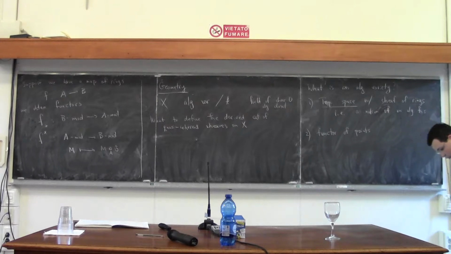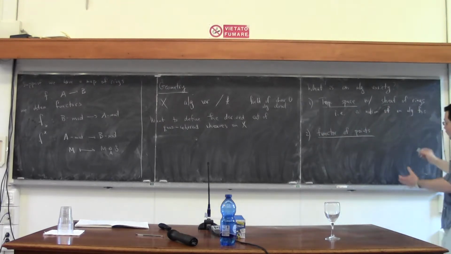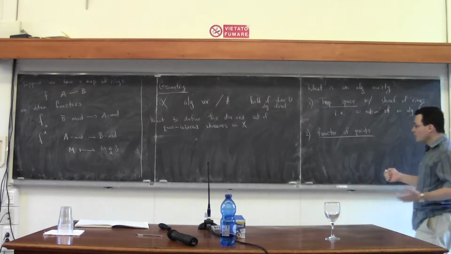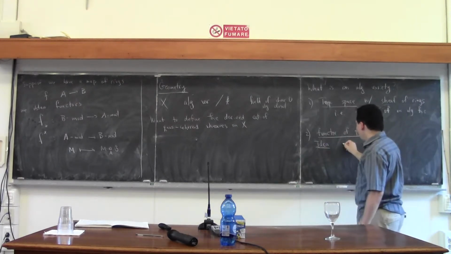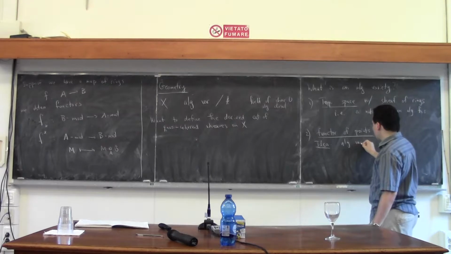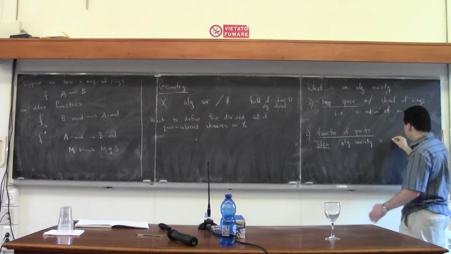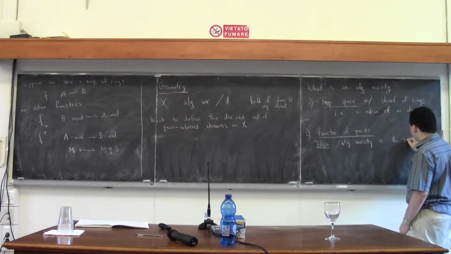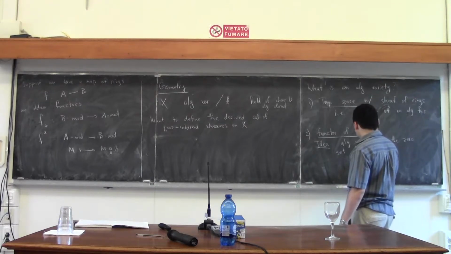For those of you who are used to the analytic way of thinking about things, this will probably be very foreign, but algebraically, in general, it's a very fruitful approach. The idea is that an algebraic variety is the zero set of polynomial equations.